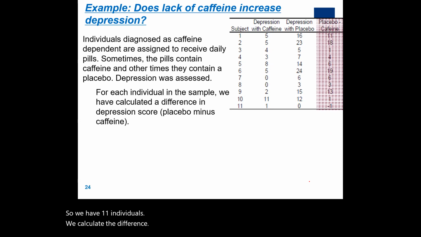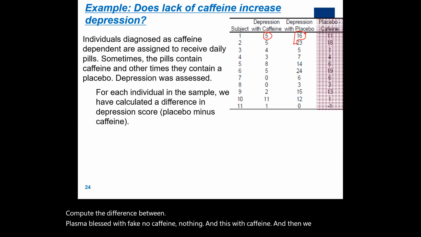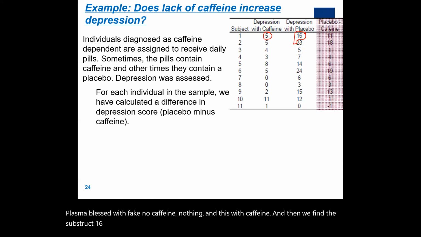We calculate the difference between depression with caffeine and without caffeine. The placebo is fake, like no caffeine, nothing. Then we subtract: 16 minus 6 is 10, 23 minus 5 is 18, and so on.